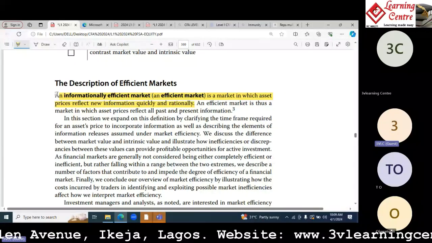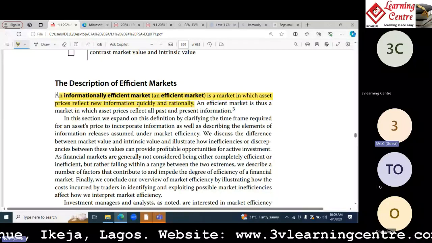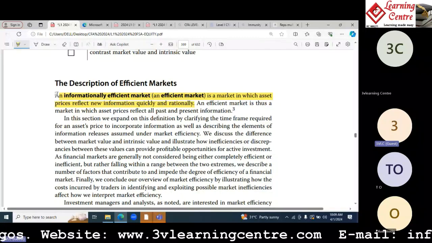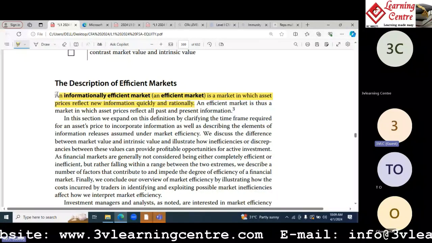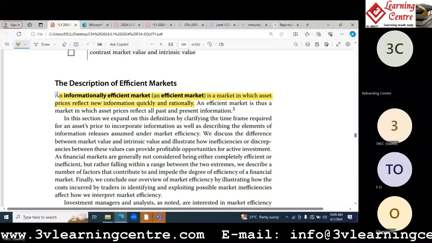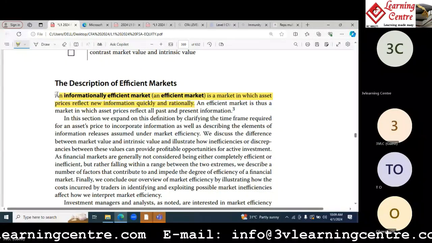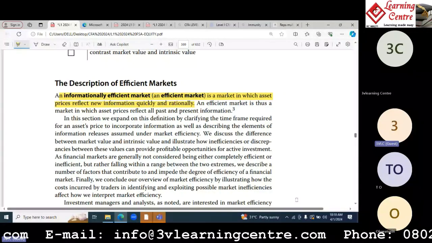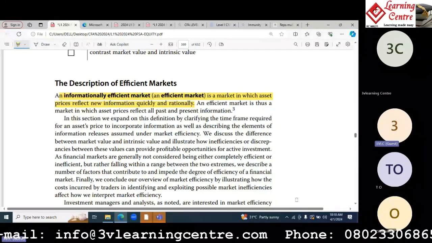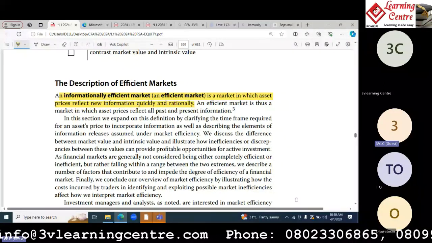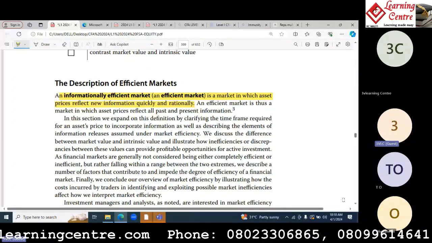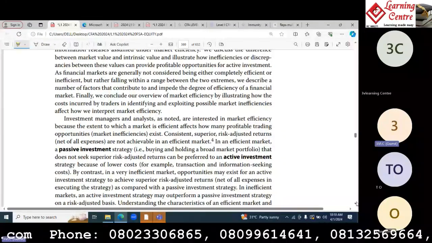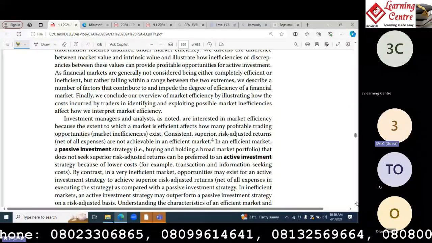Because I've seen a situation where information comes in that you know is positive, and it takes the market a lot of time to reflect or take advantage of that information. But basically, that is what we mean by how quickly information can reflect in the market or reflect in prices.